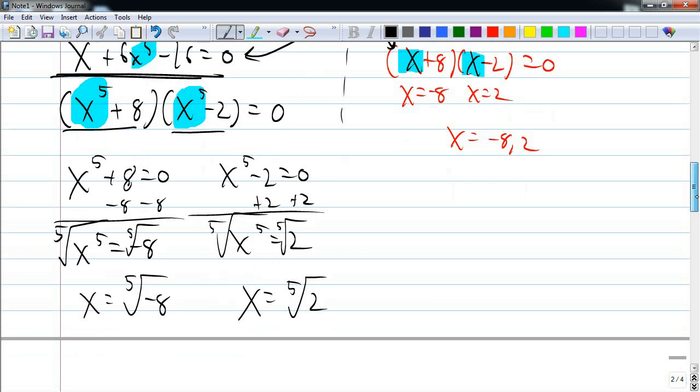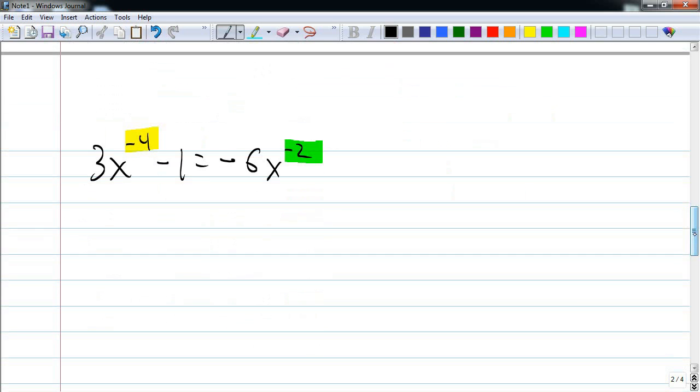Okay? Over here, same idea. Pull everything to one side and have 3x to the negative 4th plus 6x to the negative 2 minus 1 equals 0.